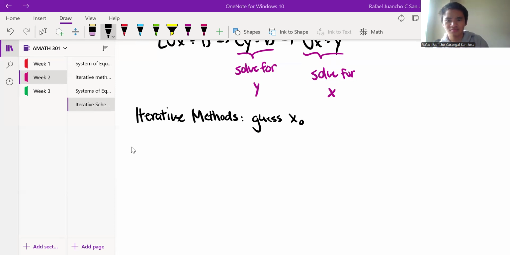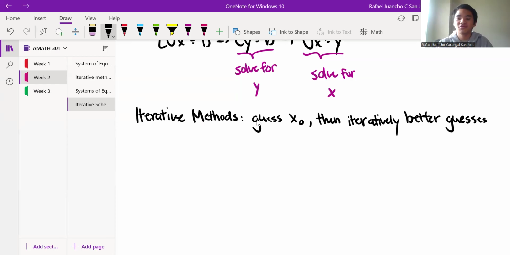So from an initial guess, we get some sort of set of numbers or a set of solutions. And then we go again and again until we make better guesses and until we converge to some solution, right?